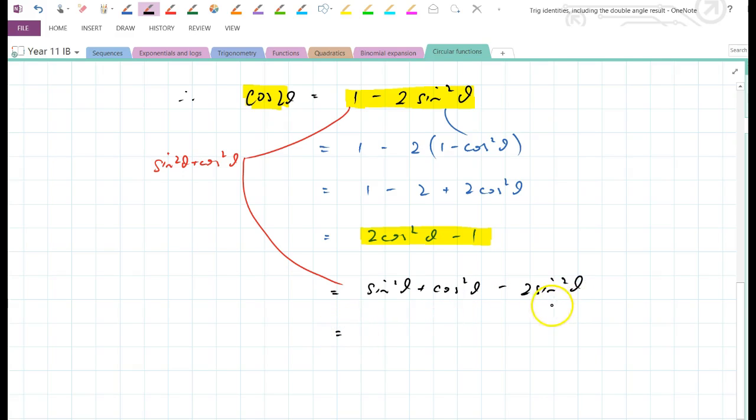So we've got cos squared theta minus sine squared theta, and there is our third cos 2 theta result.